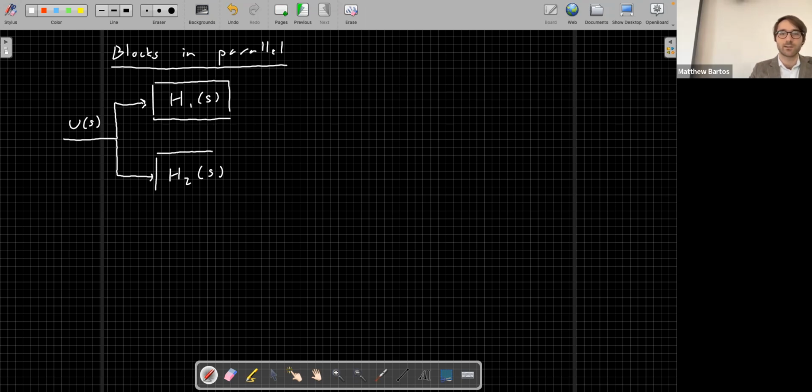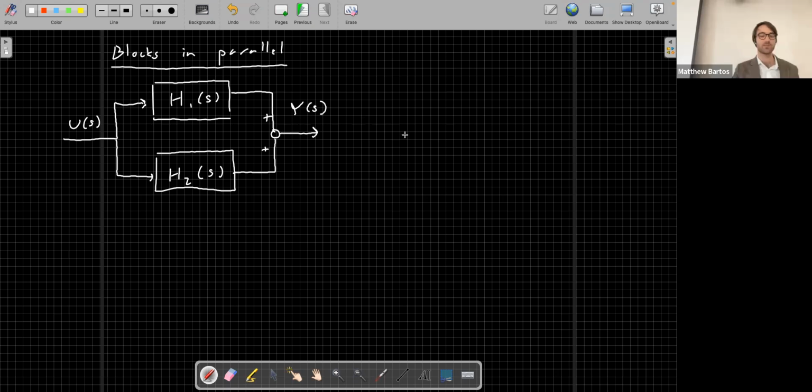The outputs of these two blocks are going to reconverge and be summed at a junction, and this will produce our net output Y of S. You can reason about this intuitively. If we just follow these paths, Y of S is equal to U of S times H1 of S plus U of S times H2 of S.